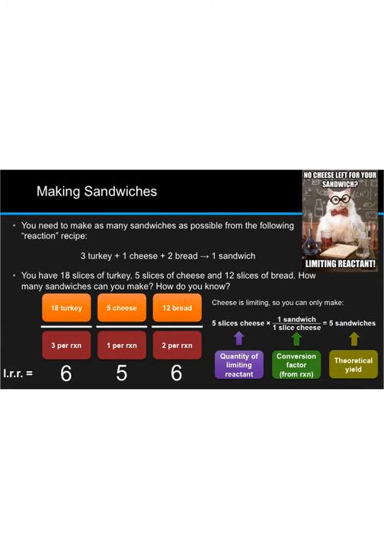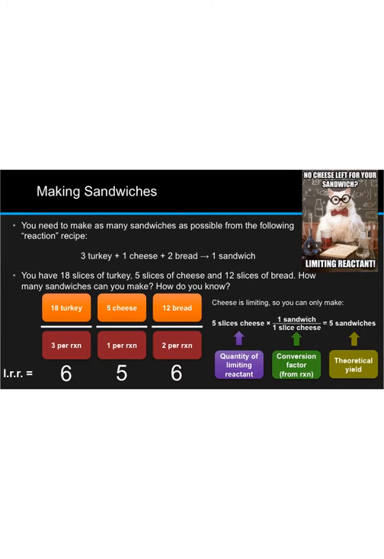How many sandwiches could you make according to this recipe? And how do you know that? Well, even without looking at the rest of this slide, you likely already intuitively know that you're going to run out of cheese first. And because you need 1 slice of cheese for each sandwich, the most sandwiches that you could make would be 5.